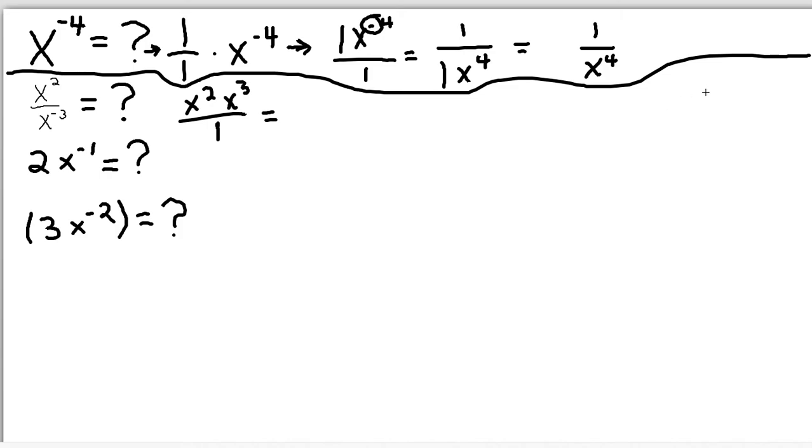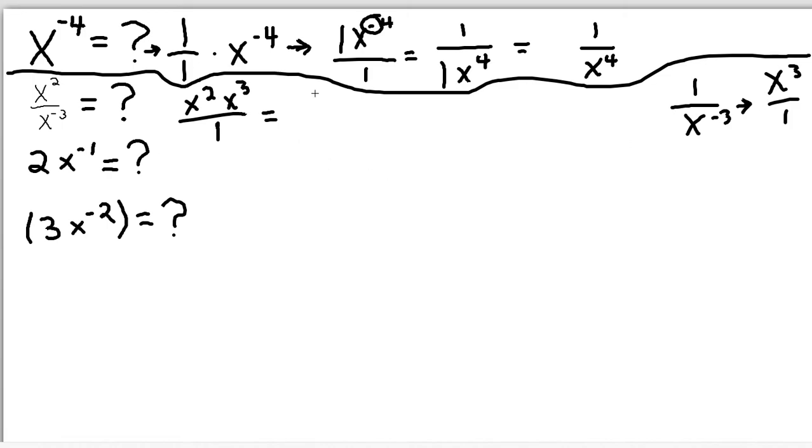So when you invert x to the negative 3, you get x cubed over 1. And so that's what we did right here.